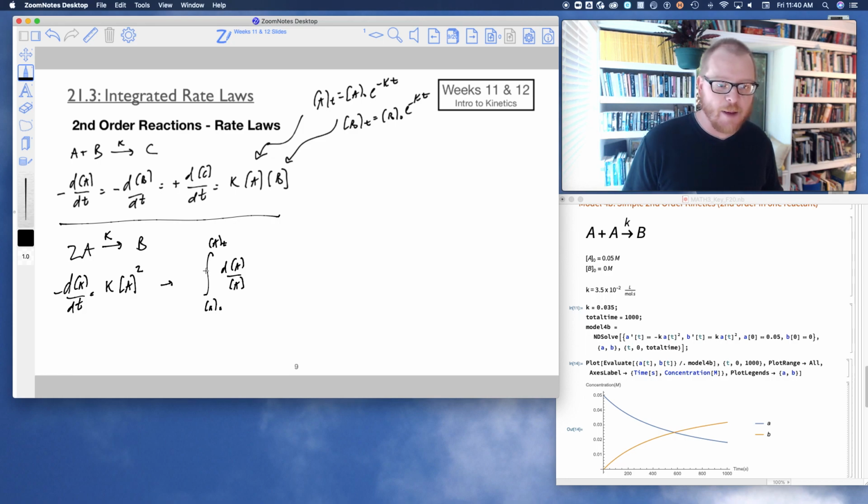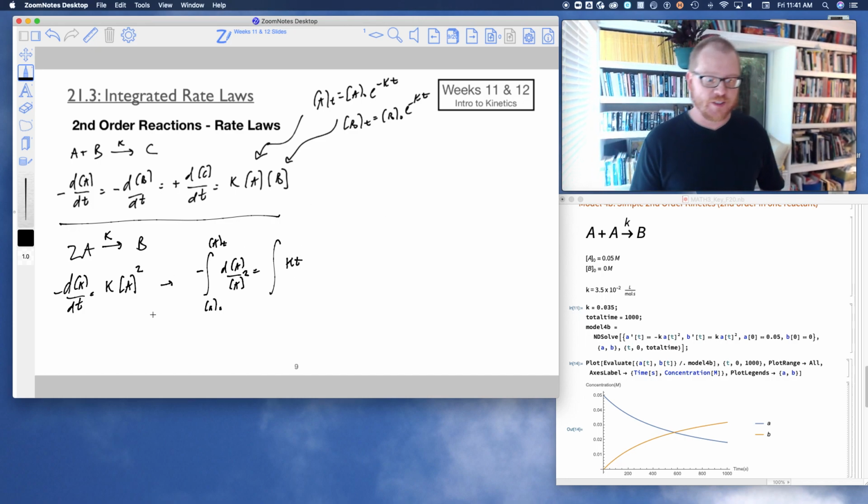And let's see, I'm going to keep the negative sign here. You'll see why, it makes the solutions a little bit easier. Oops, I wrote it completely crazy in my notes here. It's dA over A squared, and that's k dt, okay?